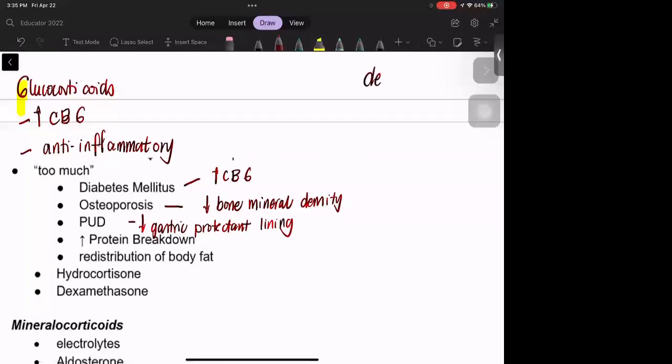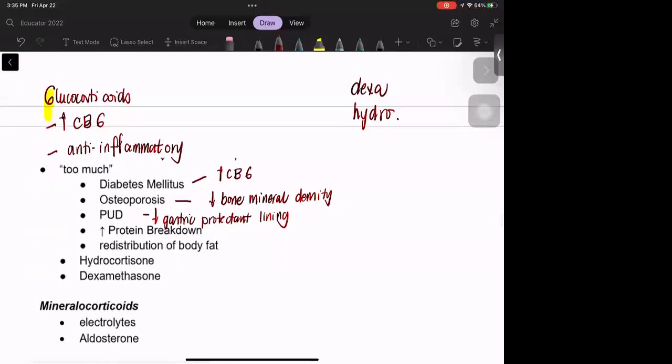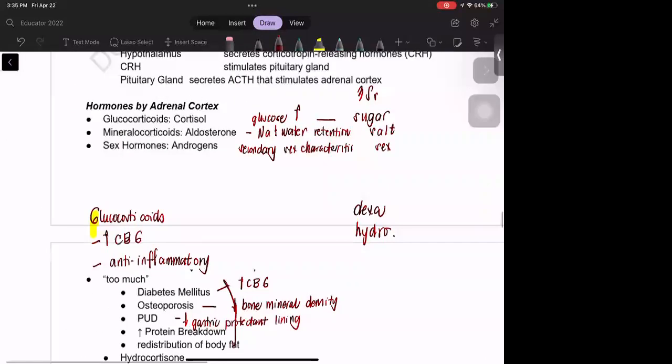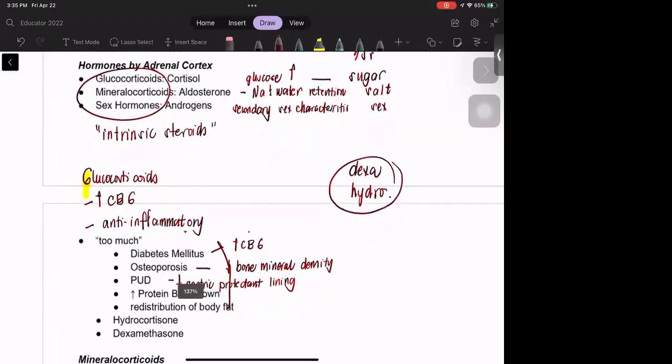Because these three are what we refer to as your intrinsic steroids. In other words, they are inside your body. The medications that we take, obviously, are your extrinsic steroids.